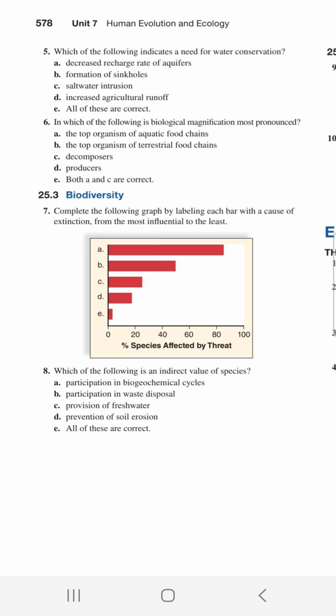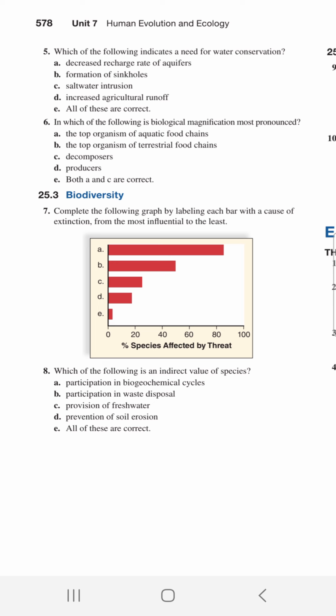then we know that there is no groundwater. Option B, formation of sinkholes. Sinkholes, as the name suggests, is basically the ground sinking. When does that happen? When again there is no groundwater, that means the ground will be hollow, and being hollow, it will immediately form a sinkhole. Salt water intrusion is basically when, for example, freshwater supplies are contaminated with salty water.